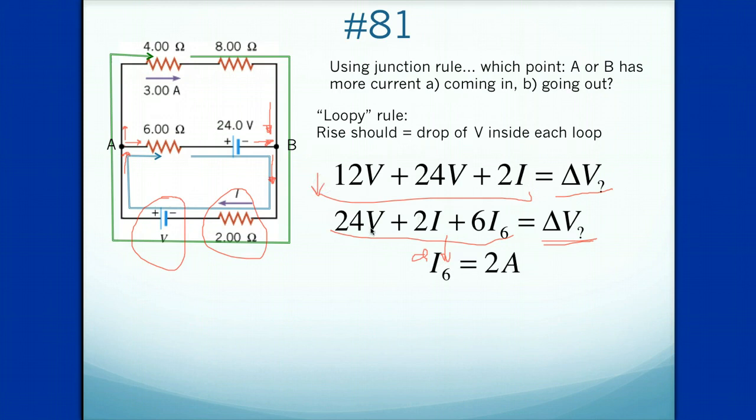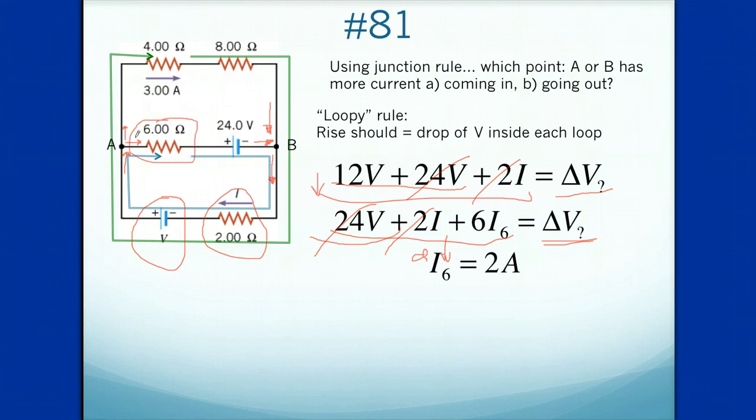From here, if I subtract these two, first of all, I'm going to say that these two equal each other. So this side equals this side, and then this goes away. And so this is 36. That's 24. Also can go. So you have 12 volts equals 6 times the current through 6. So that means that the current right here through 6 is 2 amps.